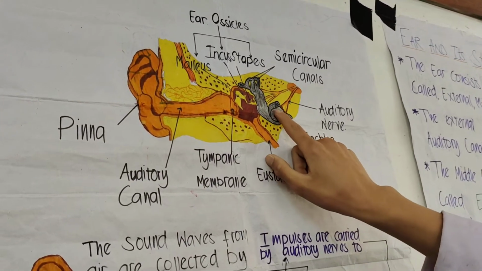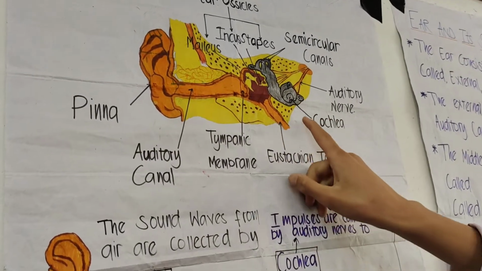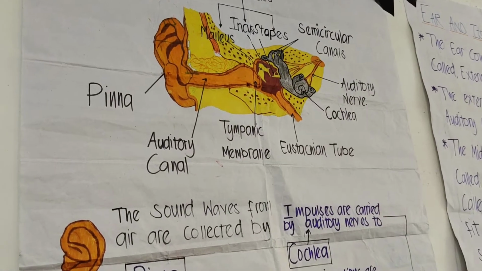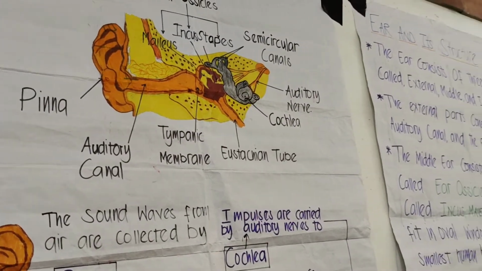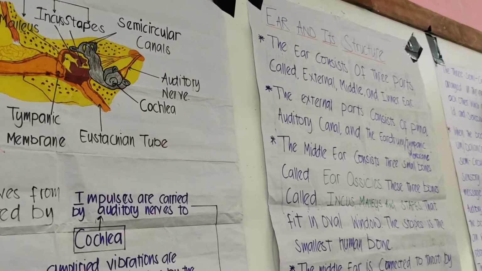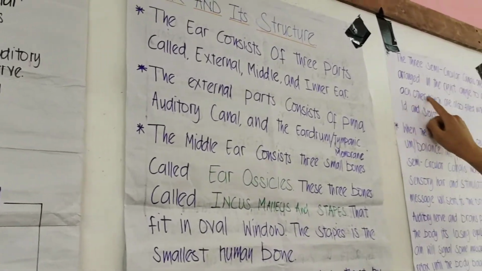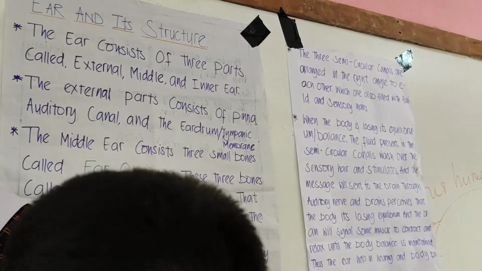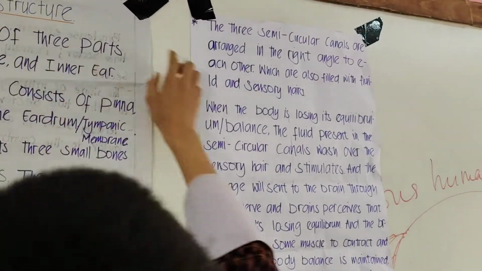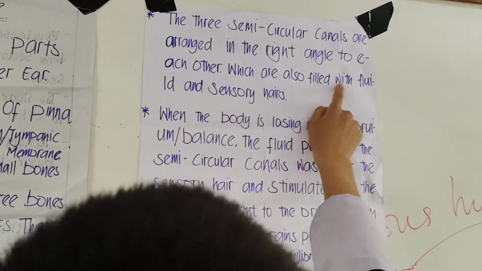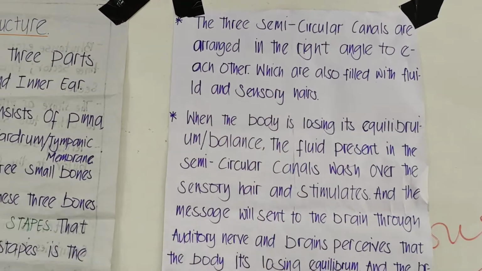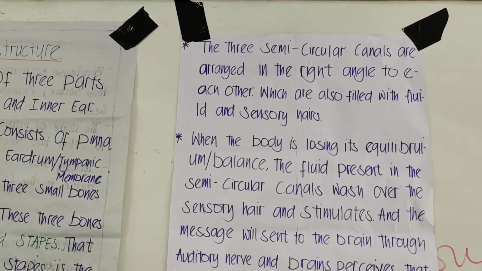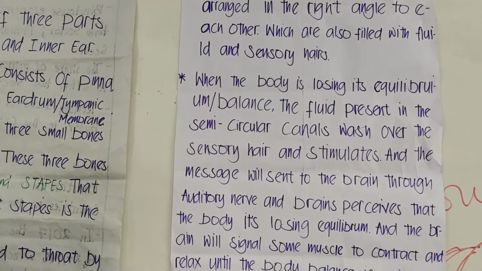And in the cochlea, there is fluid and sensory cells. The three semicircular canals are arranged at right angles to each other, like this, and are also filled with fluid and sensory hairs.